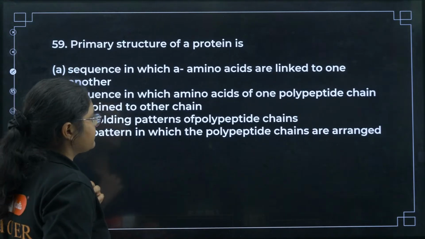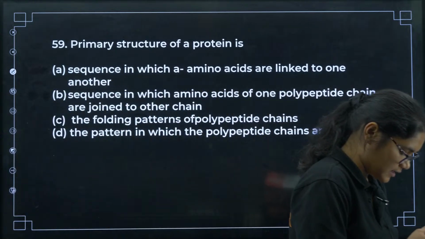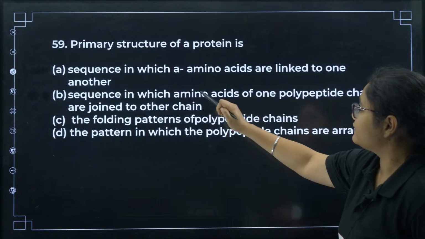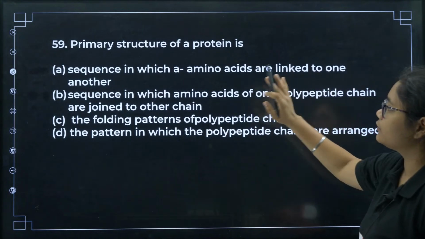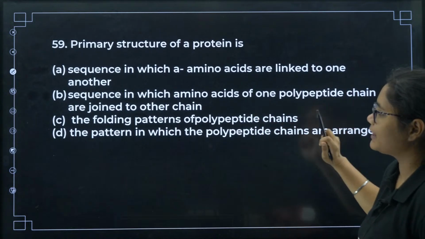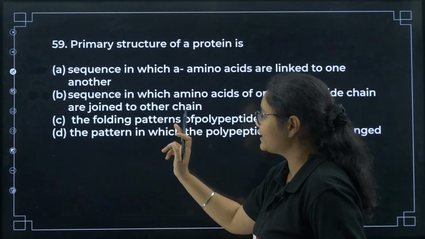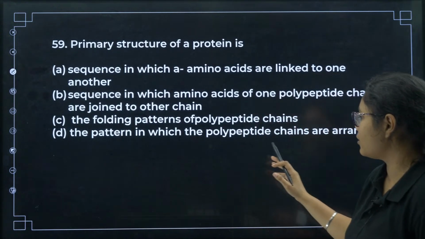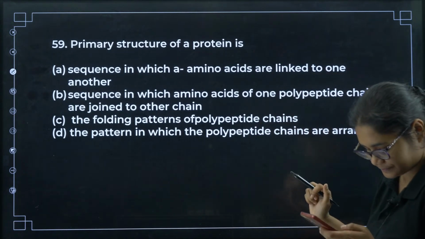Next, primary structure of a protein. What is the answer for this one? Primary structure of protein. Sequence in which alpha amino acids are linked to one another. Sequence in which the amino acids of one polypeptide chain are joined to other chain. The folding patterns of polypeptide chain, the pattern in which the polypeptide chains are arranged.